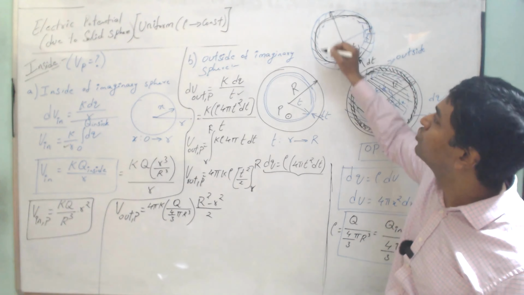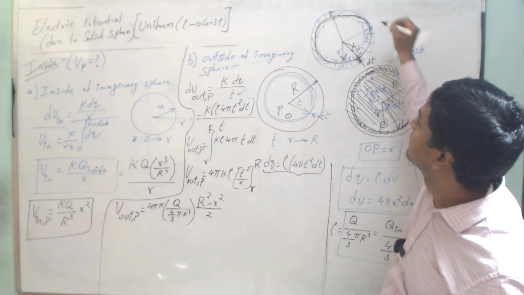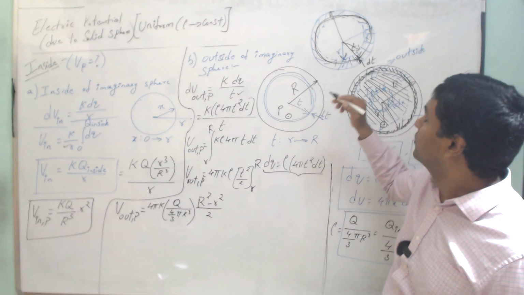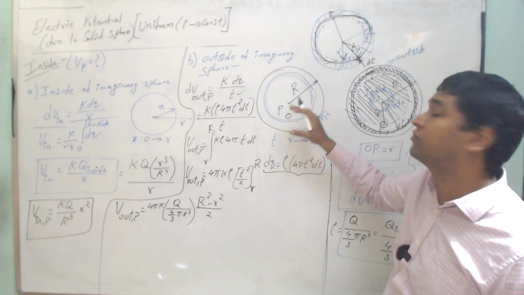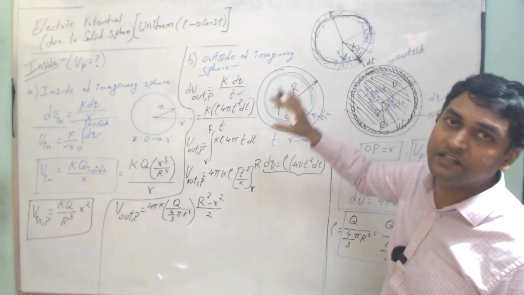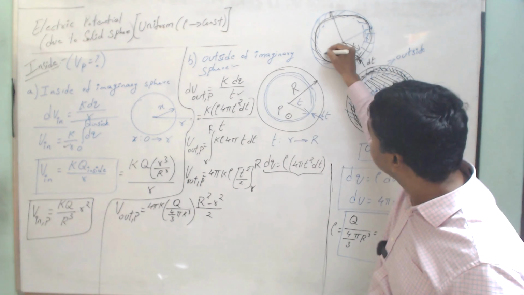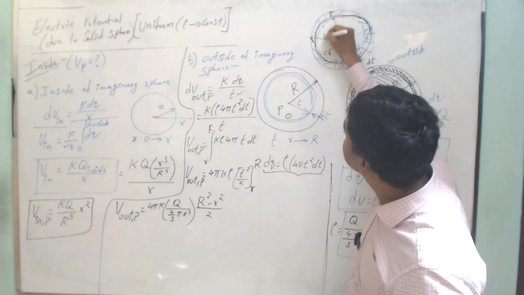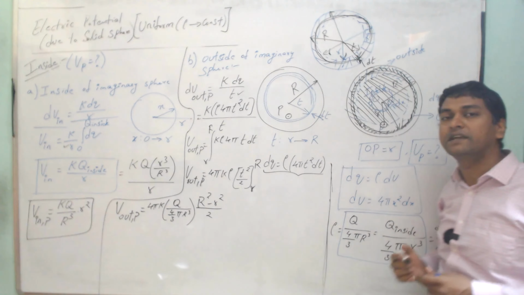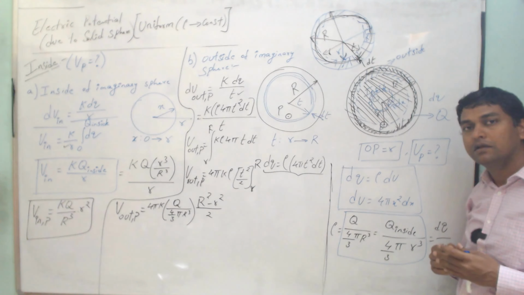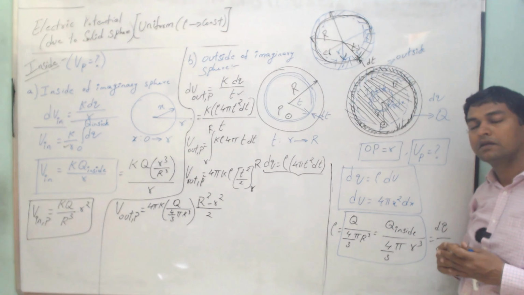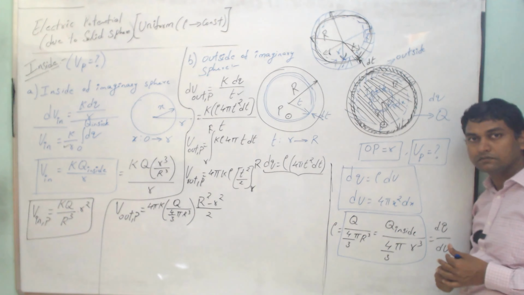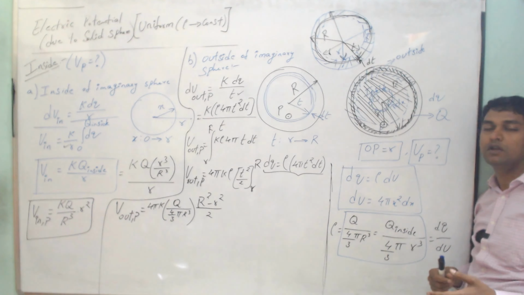The blue highlighted region, right? My radius for this blue highlighted region starts from small r and ends at capital R. I understood now, sir.